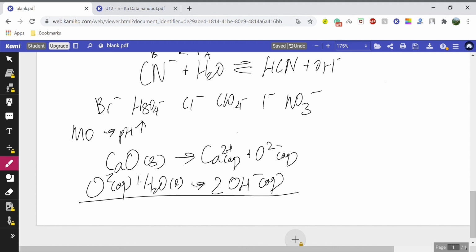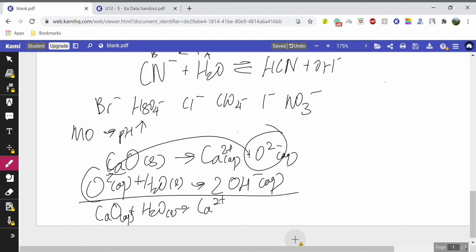So when we have CaO plus H2O, what will happen is it's going to be Ca2 plus from over here, and this O2 minus, which is produced over here, will be used over here, combining with H2O to form OH minus. So this will be plus 2 OH minus, aqueous, which is why metal oxides increase the pH.